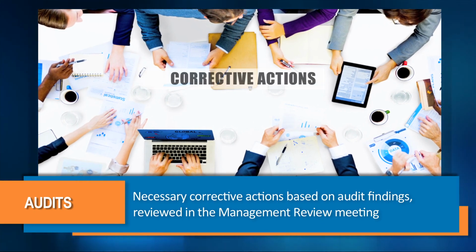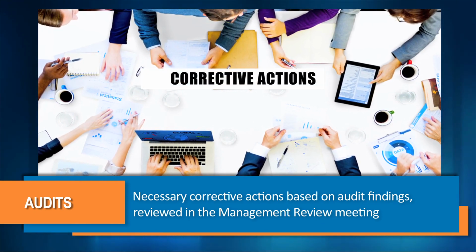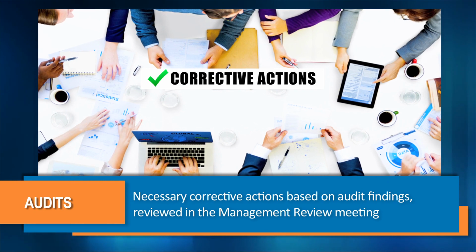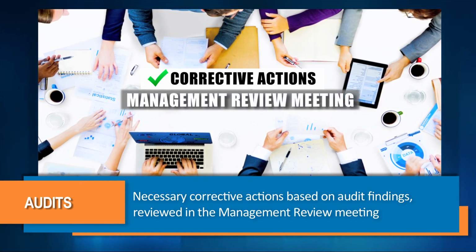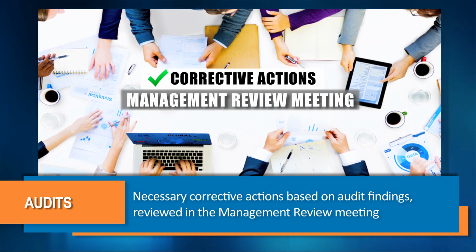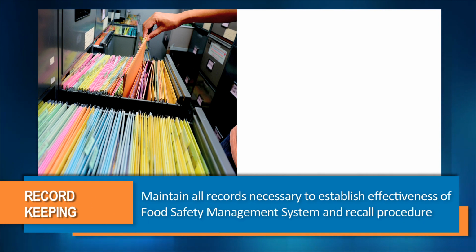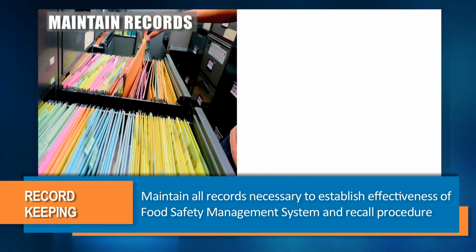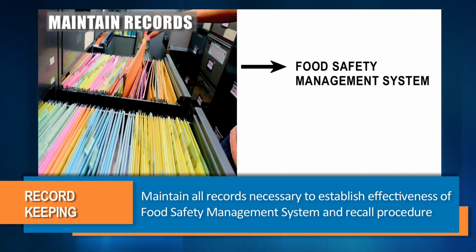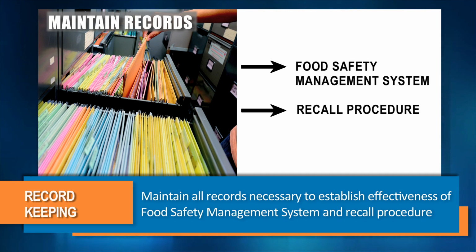Necessary corrective actions based on audit findings shall be reviewed in the management review meetings. The food business shall maintain all the records which are necessary to establish the effectiveness of food safety management system and recall procedure.